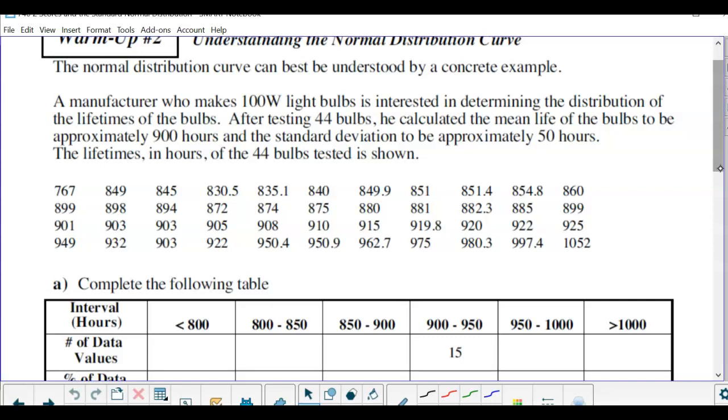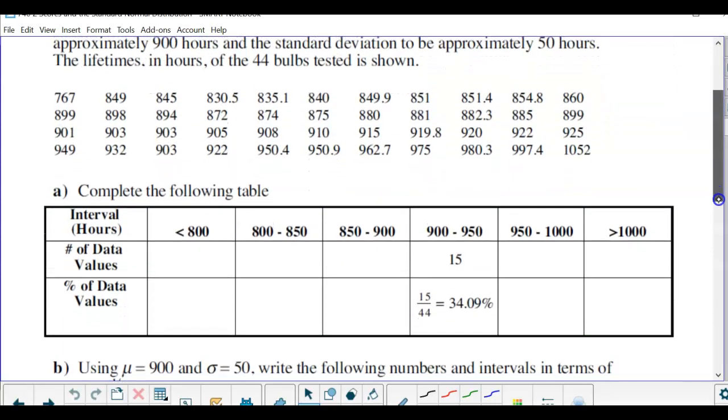Someone tested 44 bulbs, so there's 44 entries here. They calculated the mean life of the bulbs to be approximately 900 hours, and the standard deviation to be 50.